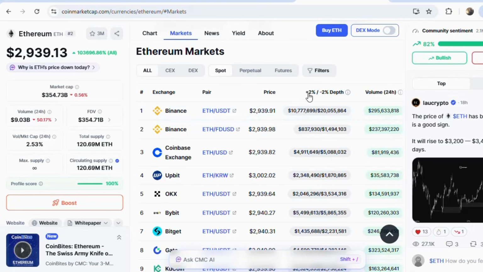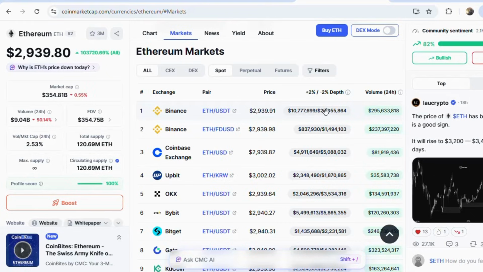When you see plus and it's likely under the $10.7 million pair, it means $10 million is ready to buy Ethereum when Ethereum goes 2% above the market price, the current price. So as Ethereum is 2938, if Ethereum goes up 2% in price, $10 million is ready to buy Ethereum. But if Ethereum goes 2% below the current market price, $20 million is ready to buy Ethereum.